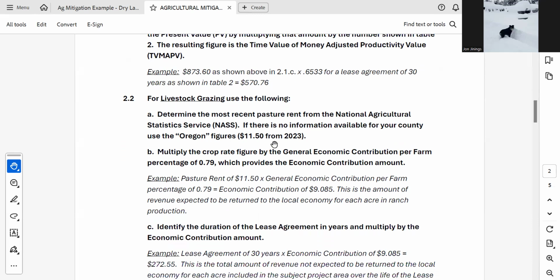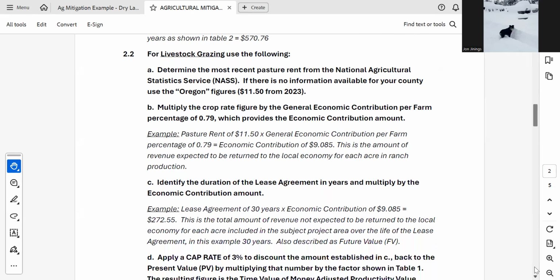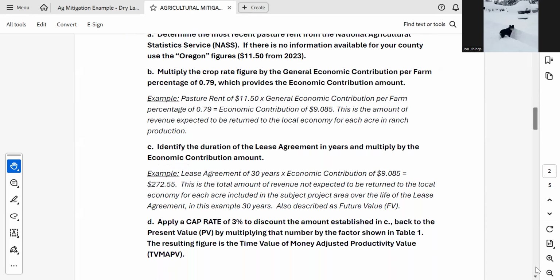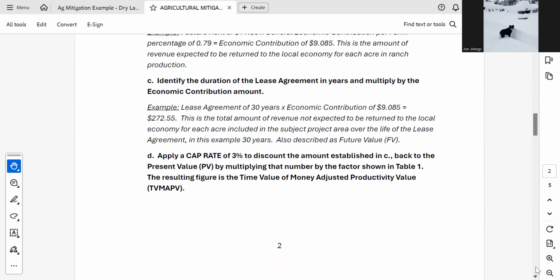The two big differences in the two categories is one, the dollar figure is going to be far lower for grazing, and the economic contribution is higher actually for grazing than cultivated agriculture, but the rest of it is the same.